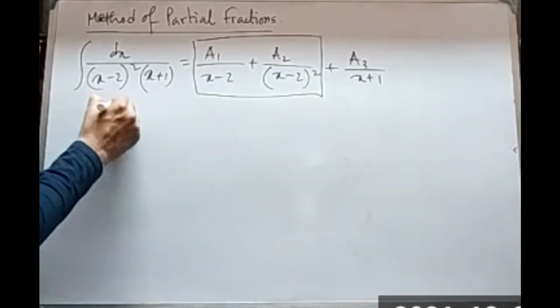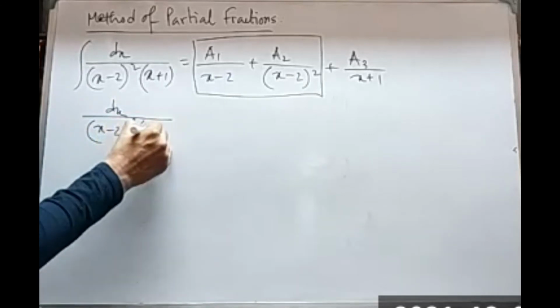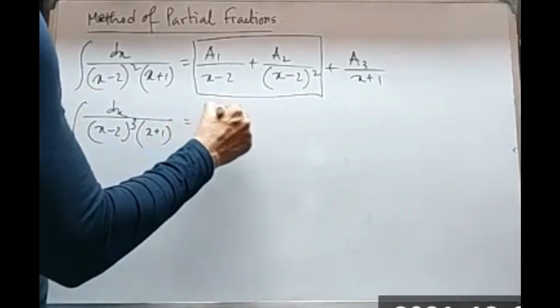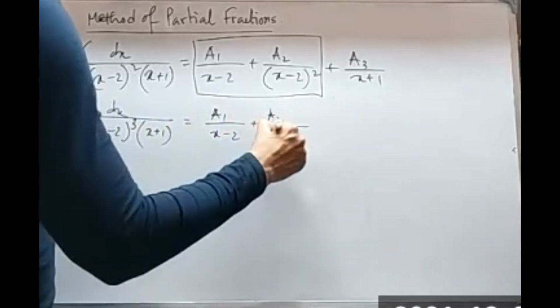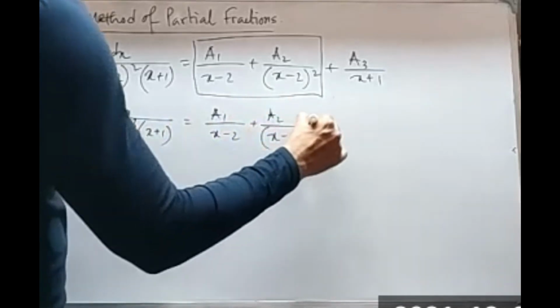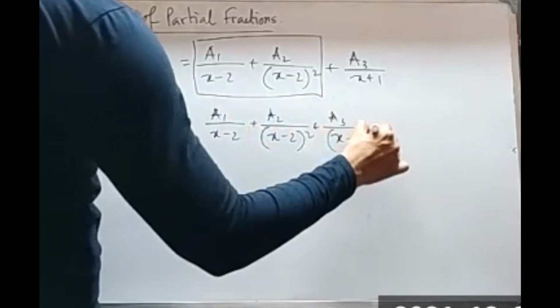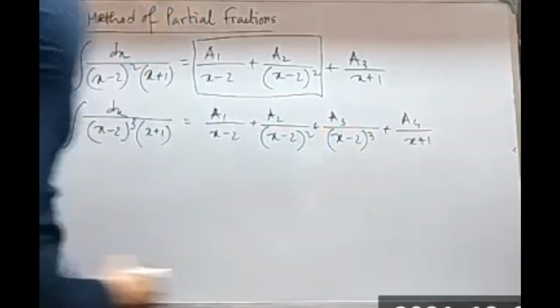If it was x minus 2 whole cube, then we should take a1 by x minus 2 plus a2 by x minus 2 whole square plus a3 by x minus 2 whole cube, and then a4 by x plus 1 will come.